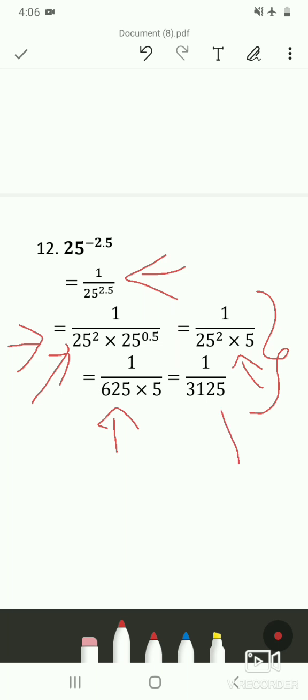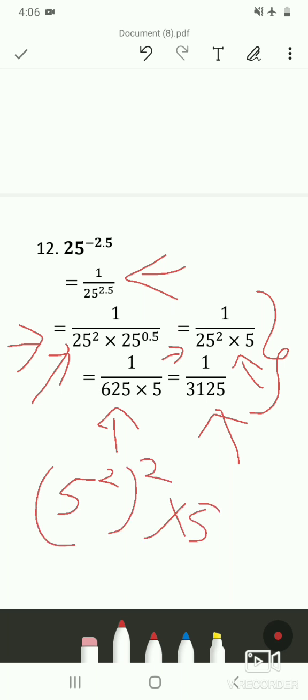Here I have directly written the answer, or else you can write 25 square as 5 raised to 2 whole raised to 2 into 5. So you will get 5 raised to 5 using the first law. So the final answer would be 1 upon 5 raised to 5.